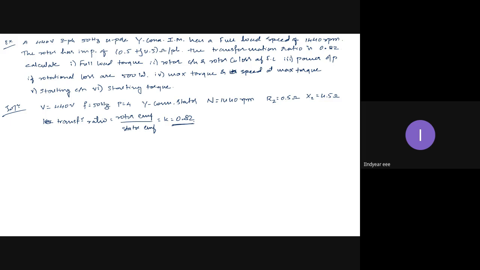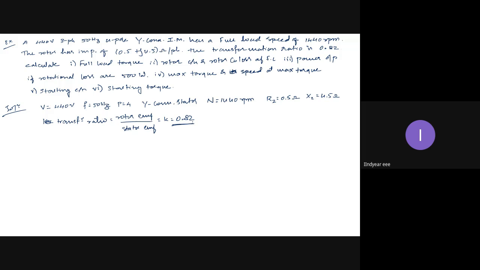Okay, if the transformation ratio mentioned is greater than 1, it is from stator to rotor. If the transformation ratio mentioned is less than 1, it is from rotor to stator. Nowhere in the textbook this point is mentioned. This is through understanding. Because in an induction motor, the rotor turns are always lesser than stator turns.